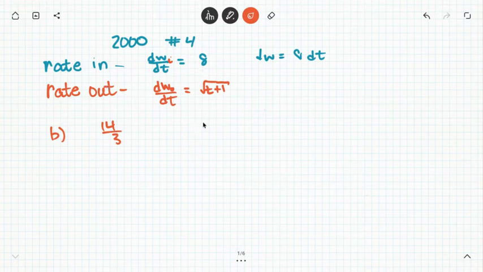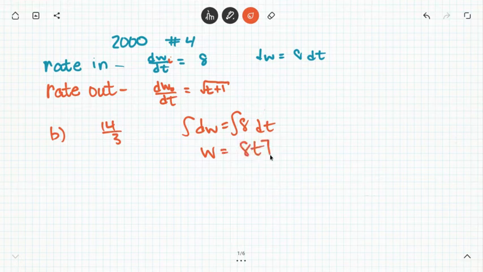So the rate in is this formula, dW is equal to 8 dt, and we'll evaluate that for the first 3 minutes. So we get W is equal to 8t from 0 to 3. So 24 gallons have gone in and 14/3 have gone out.